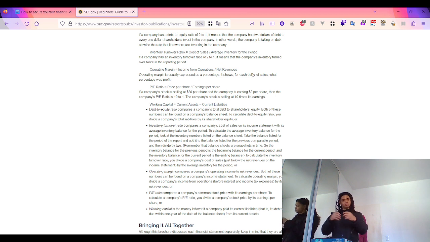So this activity involves asking for loans from investors or creditors, repaying them, and distributing dividends.